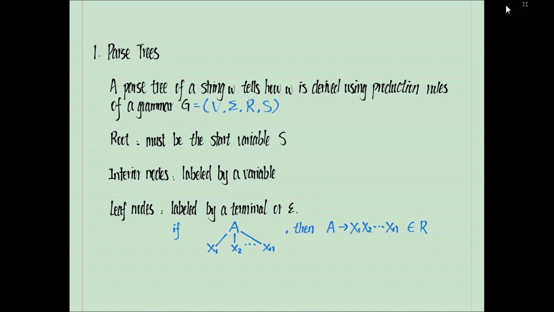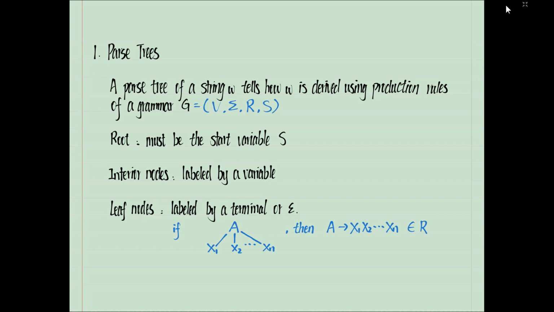A parse tree of a string W tells how W is derived using production rules of a grammar G. In the parse tree, there are 3 parts. The first one is the root, and the root must be the start variable of the grammar, S. The second part is interior nodes, which are labeled by variables.